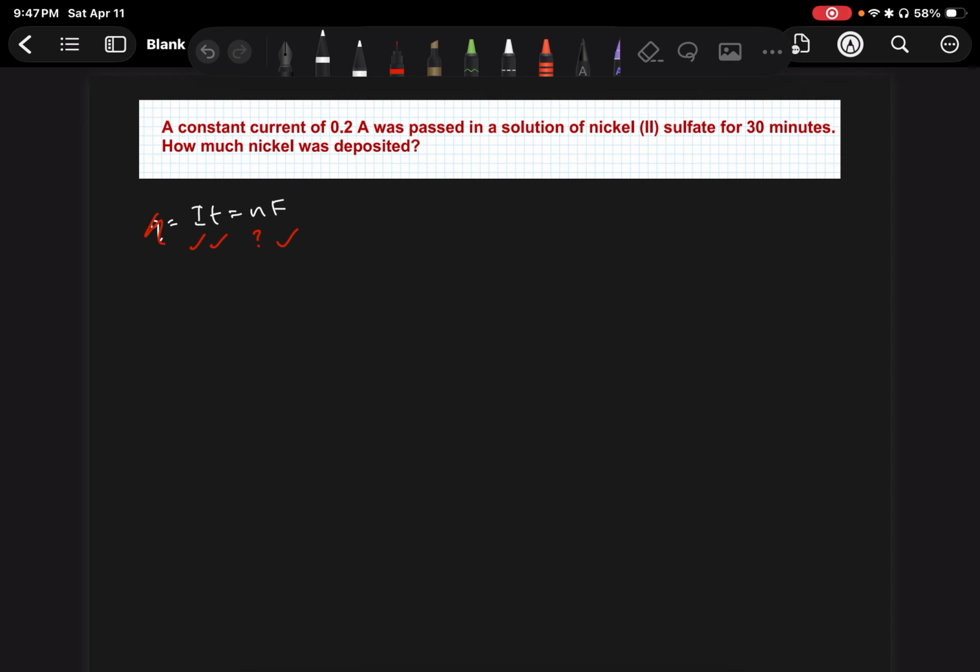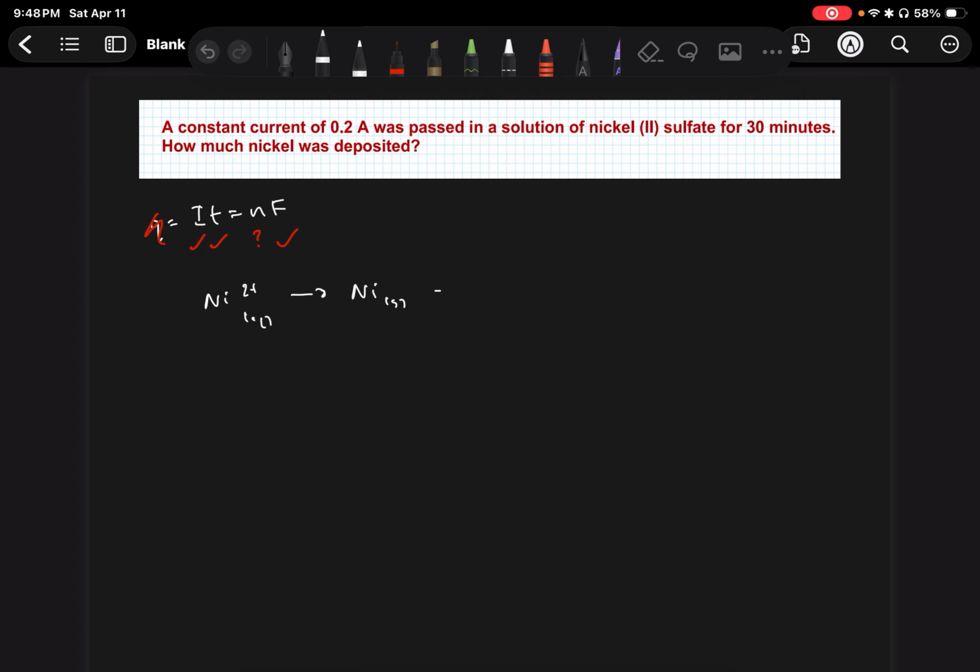So here, how do we find the number of moles of electrons? Well, we're first going to want to write down the half reaction that is occurring. So we got nickel 2+ will go into nickel solid plus 2.